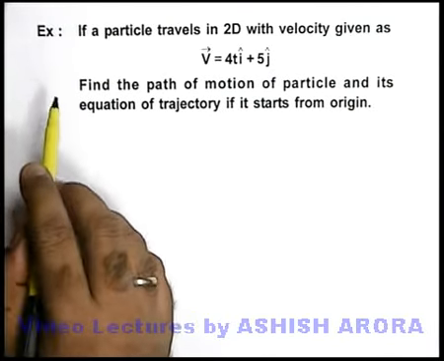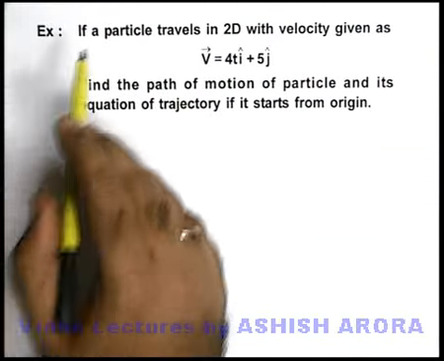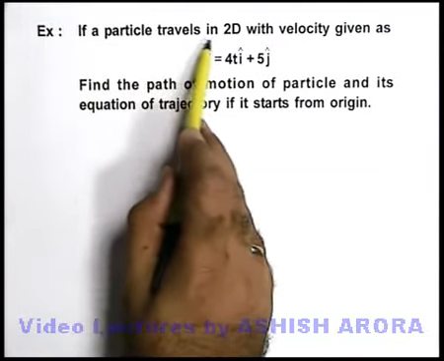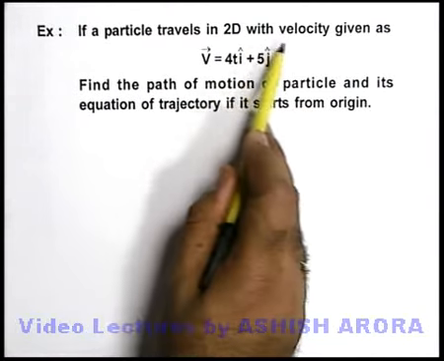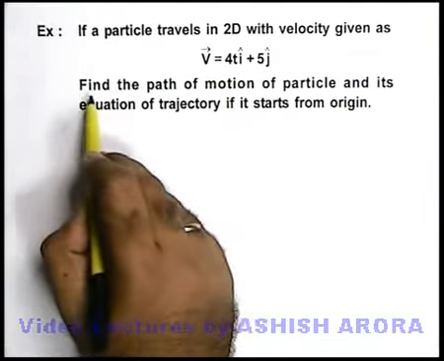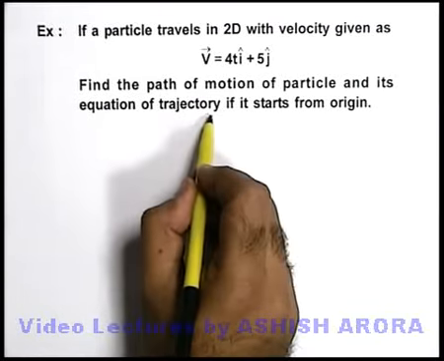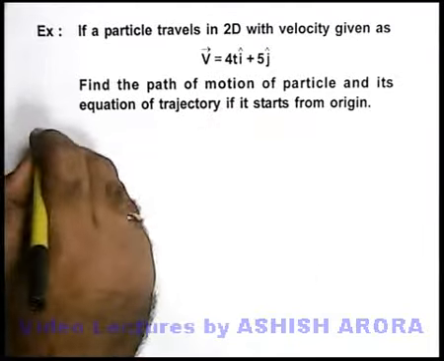Let us take up an example on the trajectory of a two-dimensional motion. Here we are given that a particle travels in a two-dimensional motion with velocity 4t i cap plus 5 j cap, and we are required to find the path of motion of the particle and its equation of trajectory if it starts from the origin.